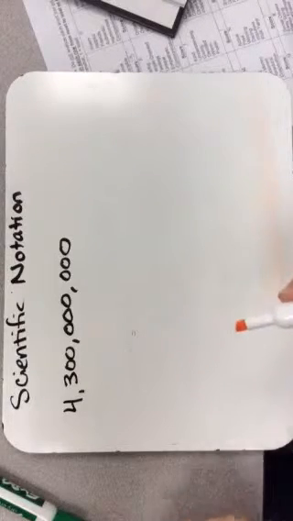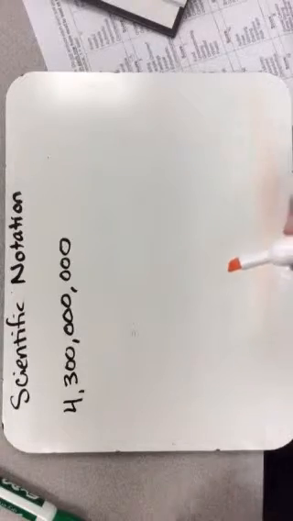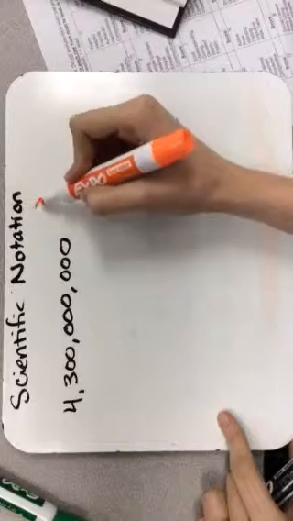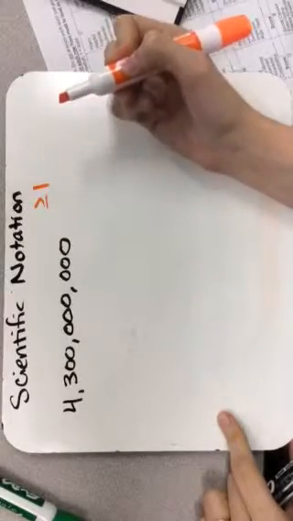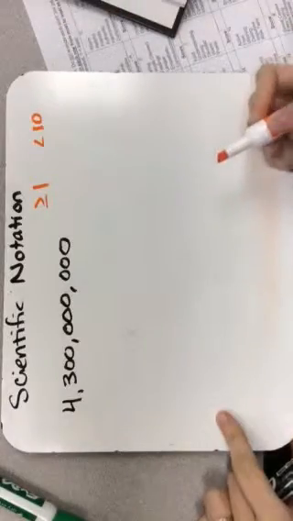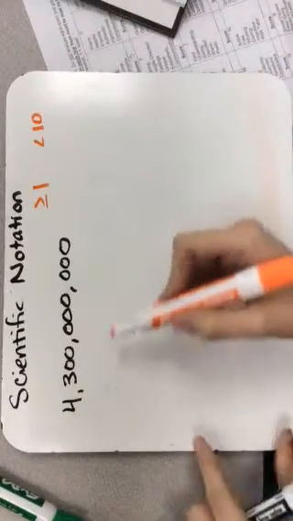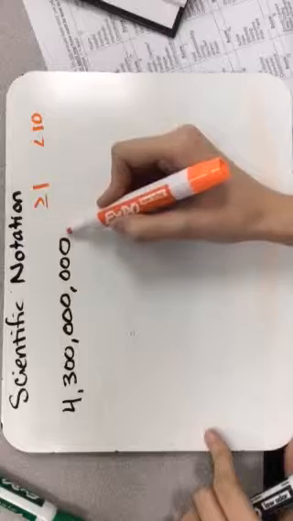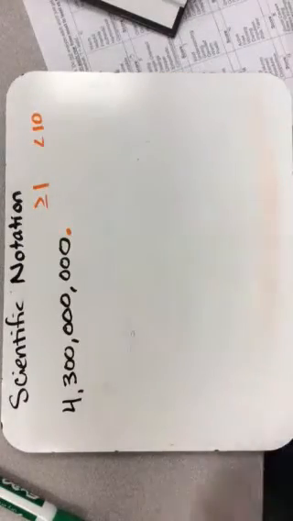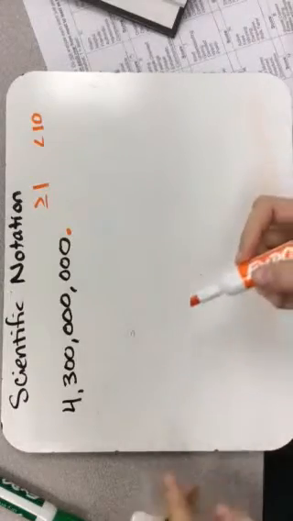So what we want to do with scientific notation is make it so that this number is greater than or equal to 1, but also less than 10. Always. So right now, the decimal place for this number is at the very end. When the decimal place is not written, it means that it is understood. It is at the very end.